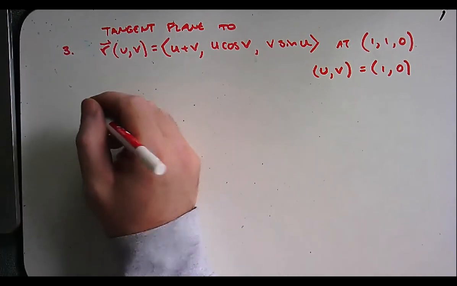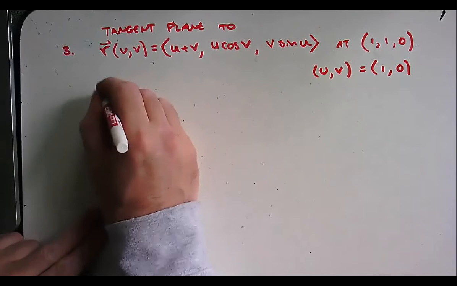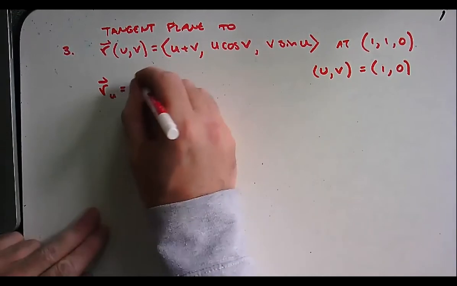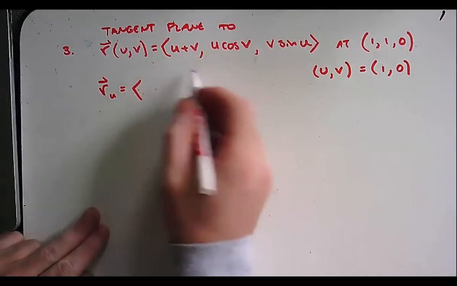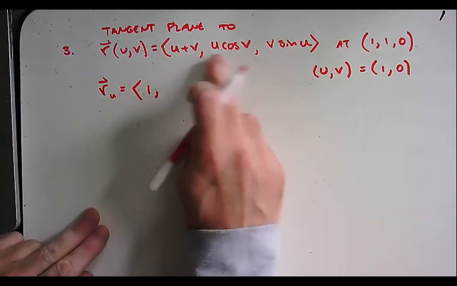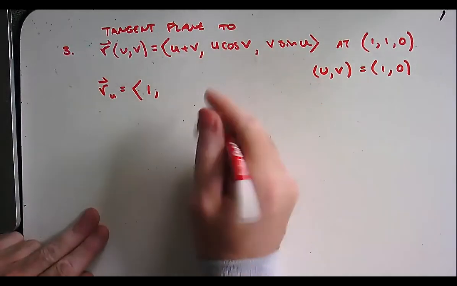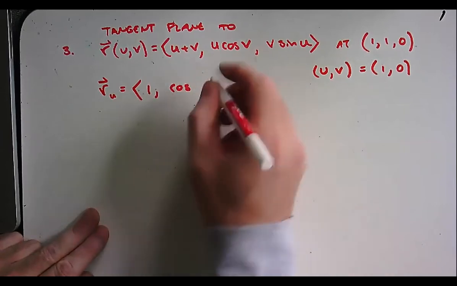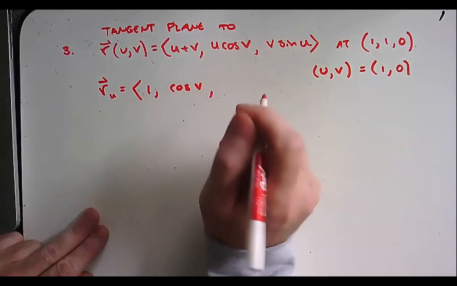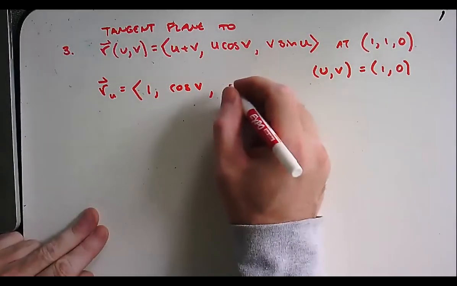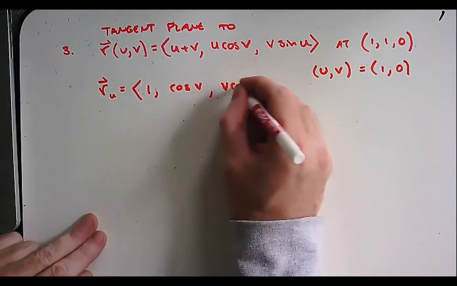So let's take some partial derivatives here. We'll take r sub u. So partial derivative with regards to u will give us 1. And let's see, we're treating cosine v as a constant. So a constant times u, its derivative would be that constant. So cosine v. And then the derivative of v sine u in terms of u would be v cosine u.